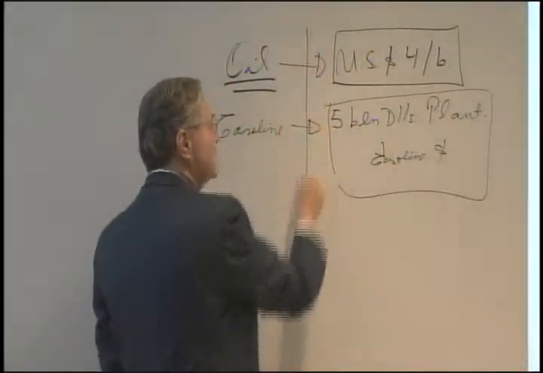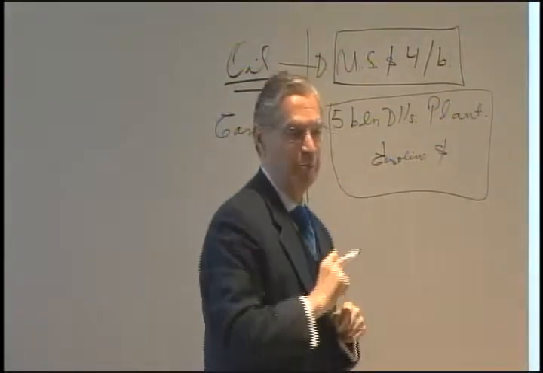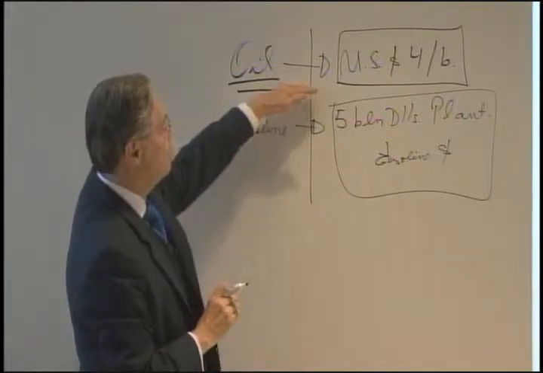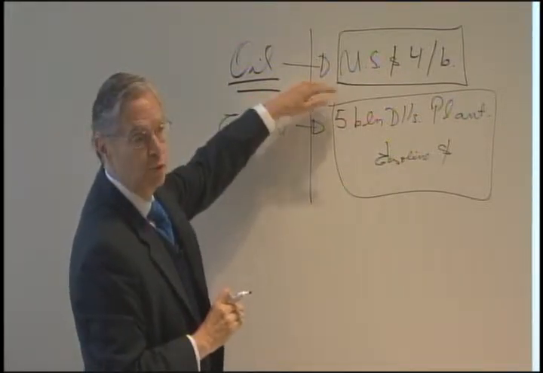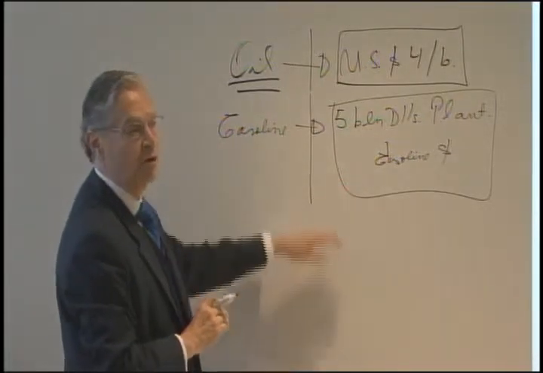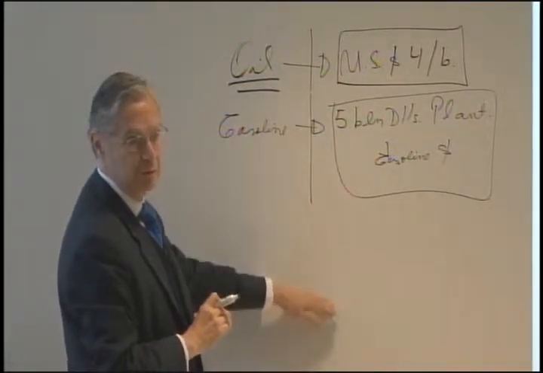So, that's a question that you as business people will have to ask yourselves. Where is it more convenient for me to do one stage, two stages, three stages, four stages of the production process?